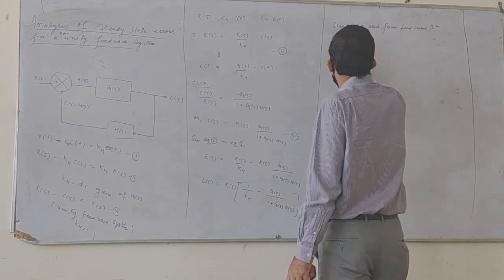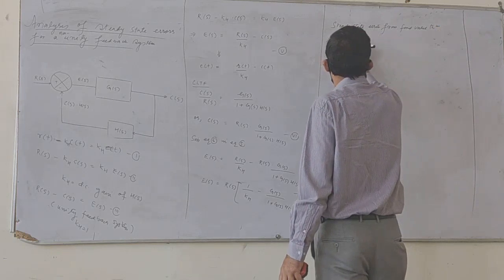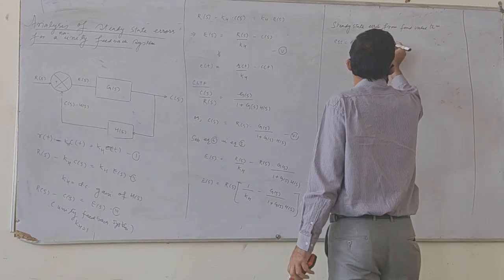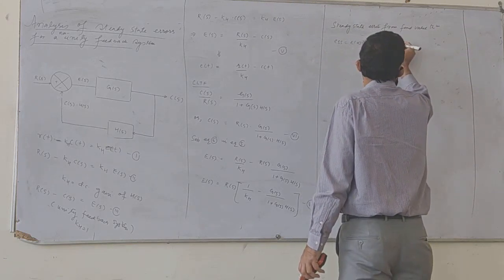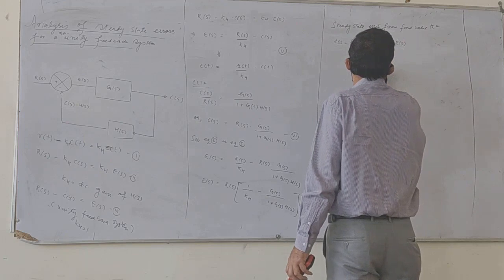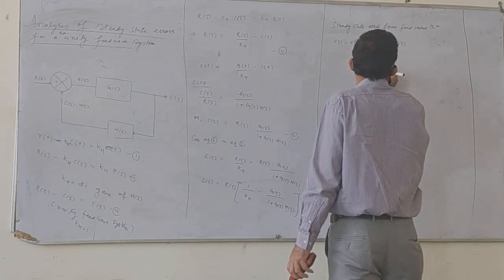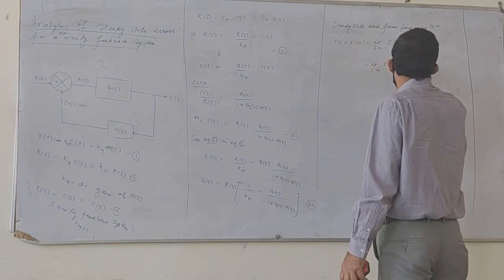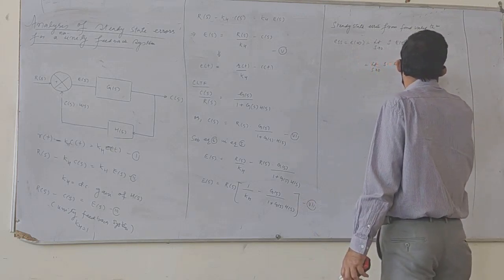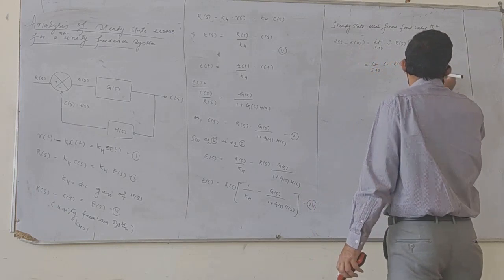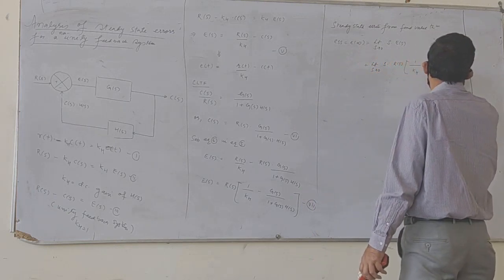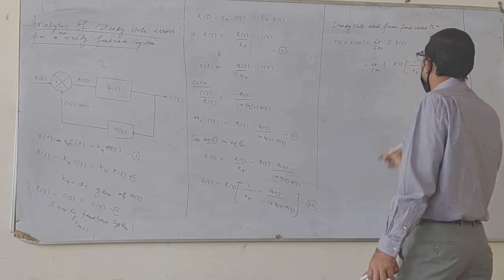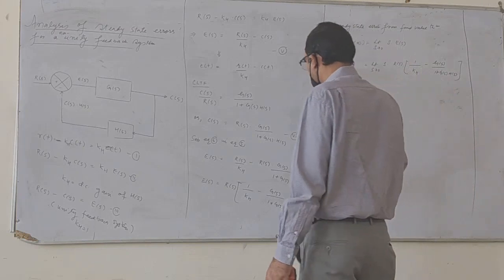That means e_ss, which we also write as e(infinity), will be the limit as s tends to 0 of s E(s). That will be the limit as s tends to 0 of s R(s) times 1 by KH minus G(s) over 1 plus G(s)H(s). So that should be your steady state error.